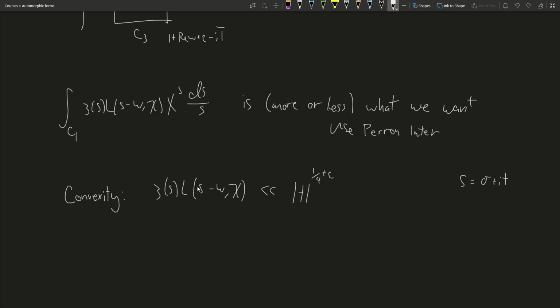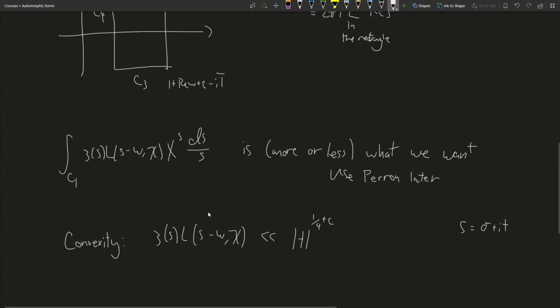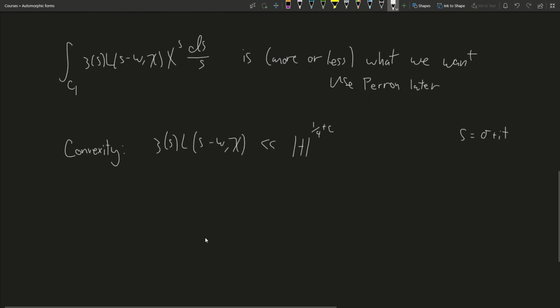And then for this Dirichlet L function, this is going to be on the real part of s being 1/2 plus epsilon.